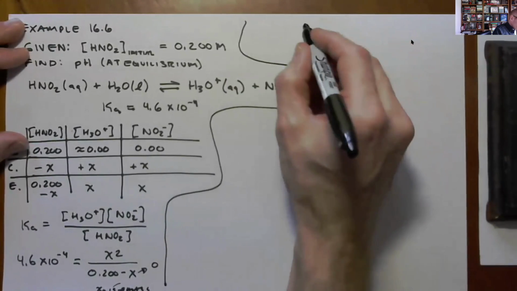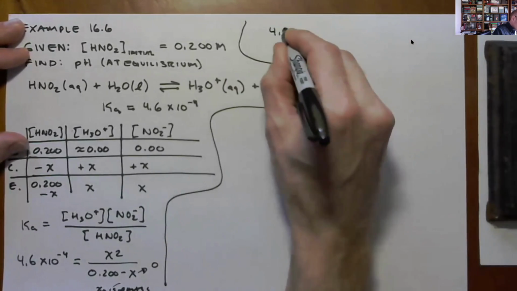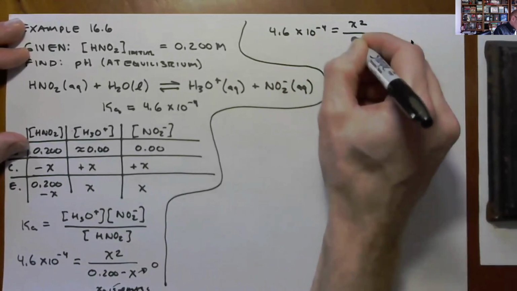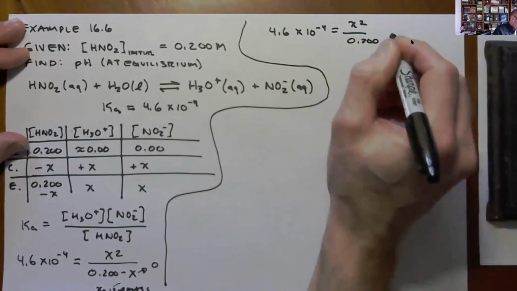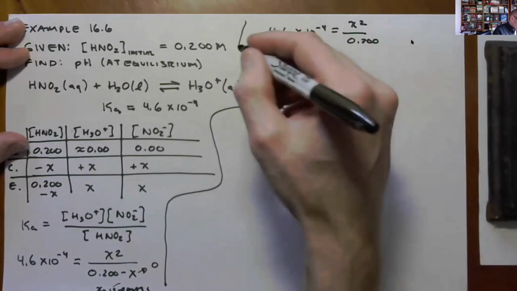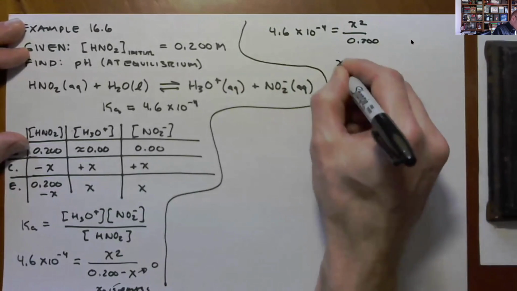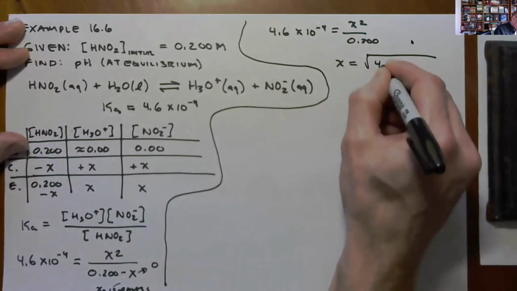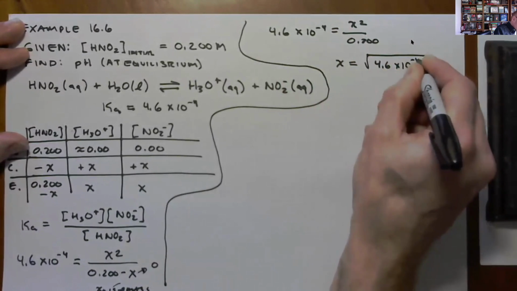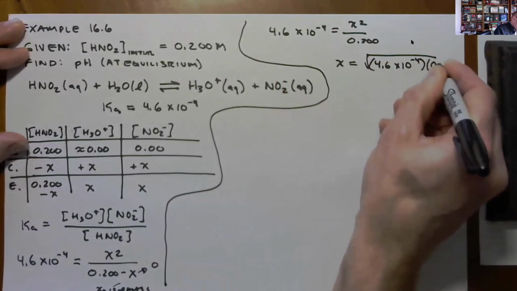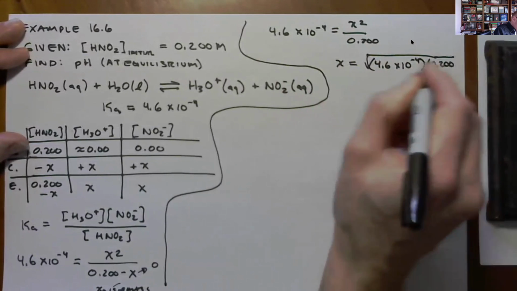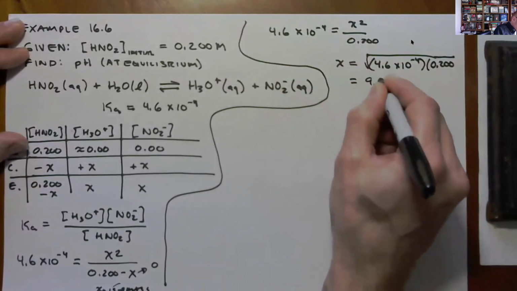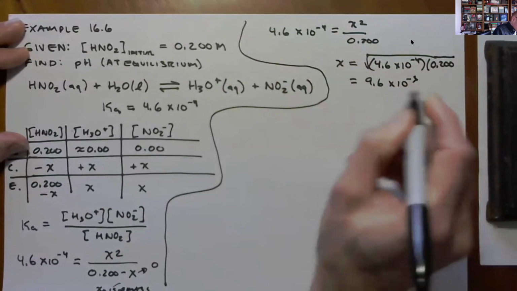We're solving for this problem here. 4.6 times 10 to the minus 4 equals x squared over 0.200. And if I rearrange this, I'm going to be solving for the square root of 4.6 times 10 to the minus 4 times 0.200. And this evaluates to 9.6 times 10 to the minus 3.